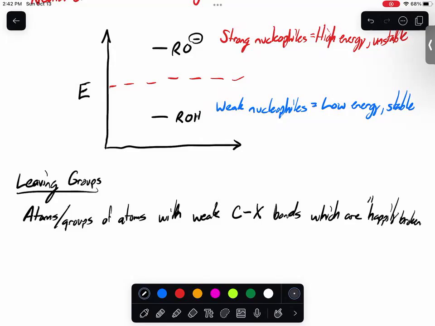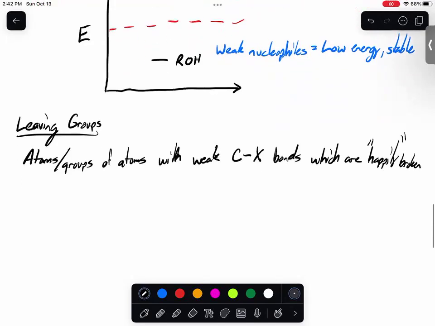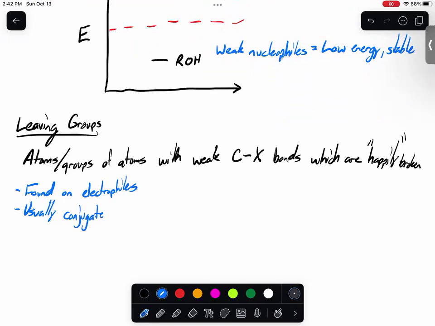Okay? Essentially, the idea of leaving groups is that leaving groups are found on electrophiles, things that really want to take electrons. And the other thing is that they are usually conjugate bases of strong acids.